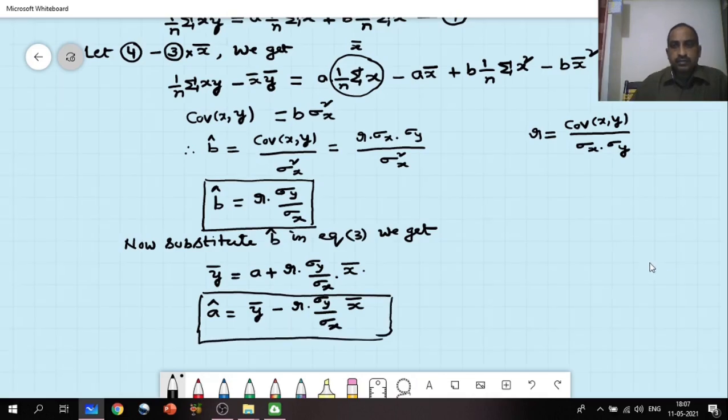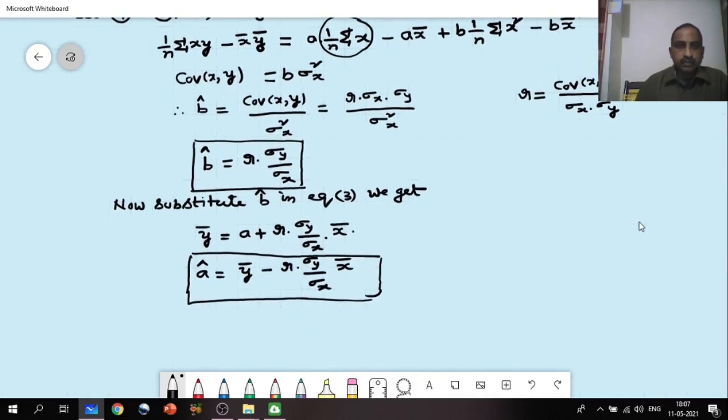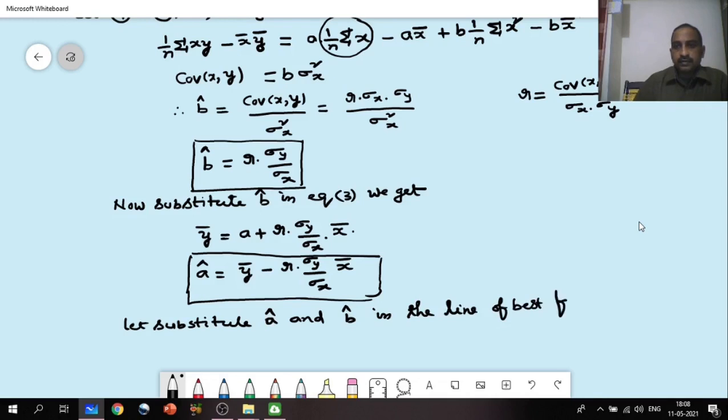So now substitute both unknown parameters, a hat and b hat, in the line of best fit, that is y equals a plus bx, right?